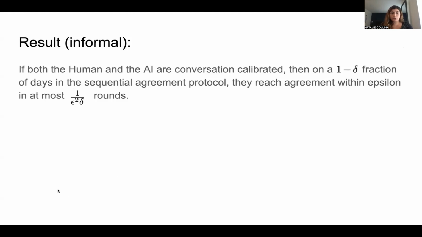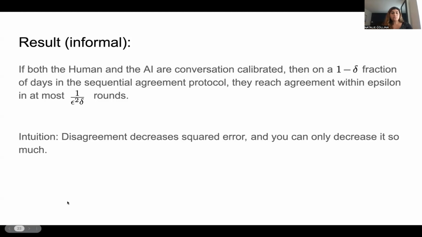And this is true even in adversarial online conditions when we don't have a shared prior. Okay, what's the intuition? The intuition is that disagreement is going to decrease squared error if you're conversation calibrated, and you can only decrease it so much. So we can use it as a potential function that gets us to agreement.